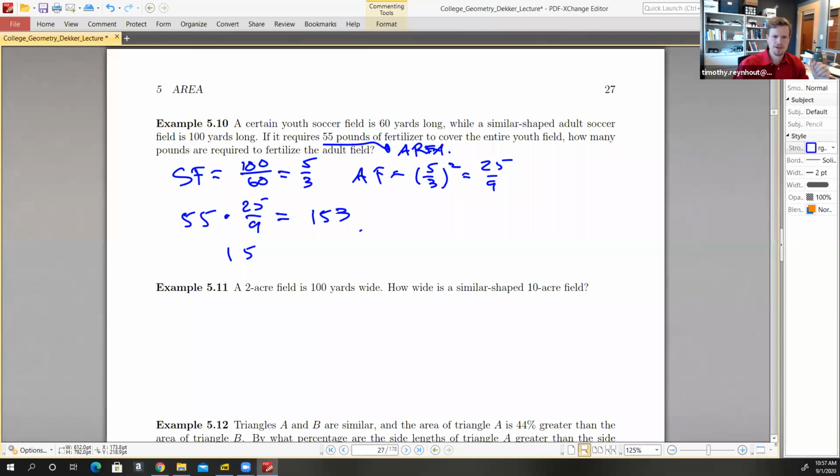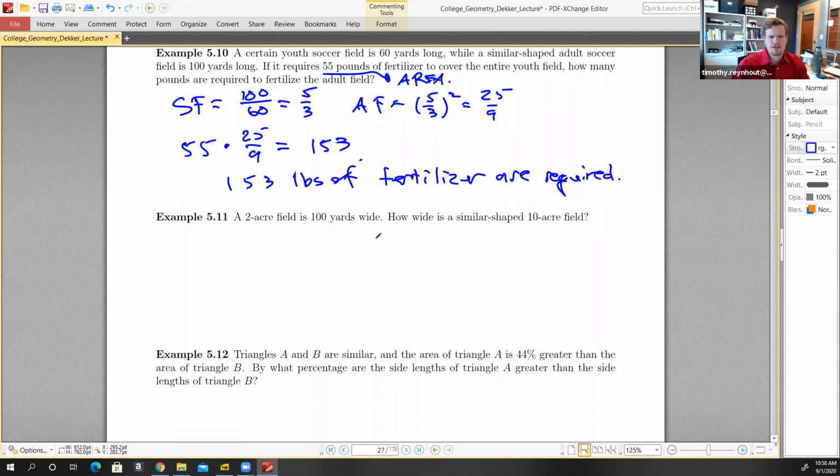So 153 pounds of fertilizer are required. Excellent.